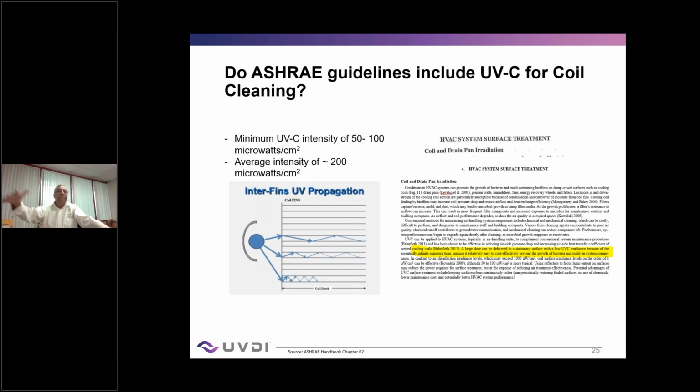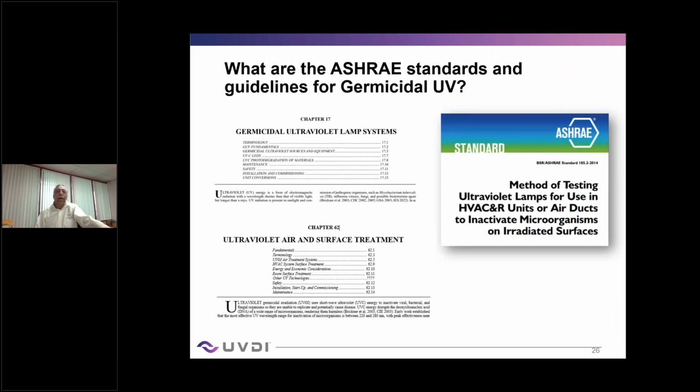Recognizing that you have fins and some reflection through the fins, and of course, as you go through the depth of the fin, your intensity is going to drop off. So you want to make sure that you have enough intensity. But it's a 24/7 application, so you have time on your side.